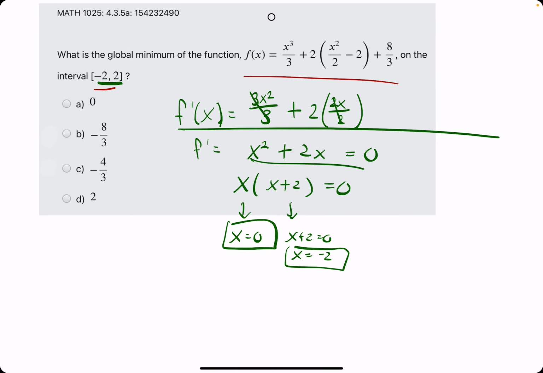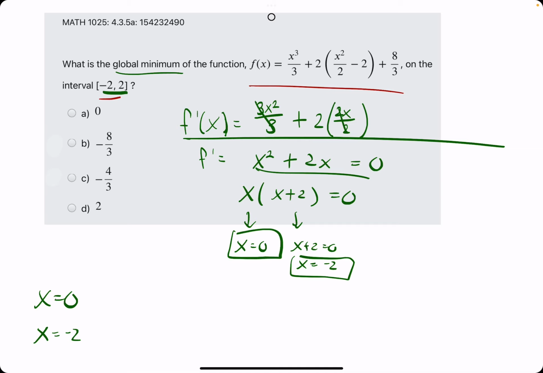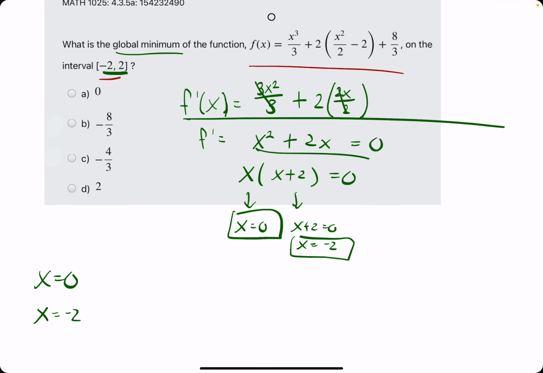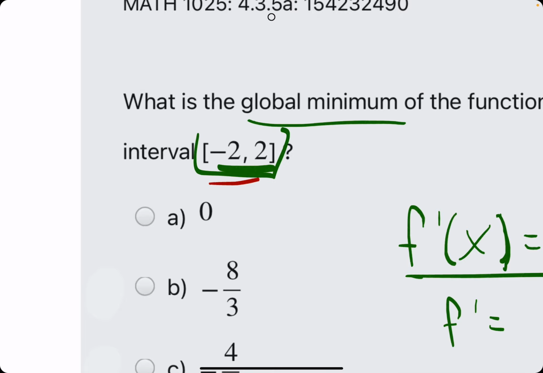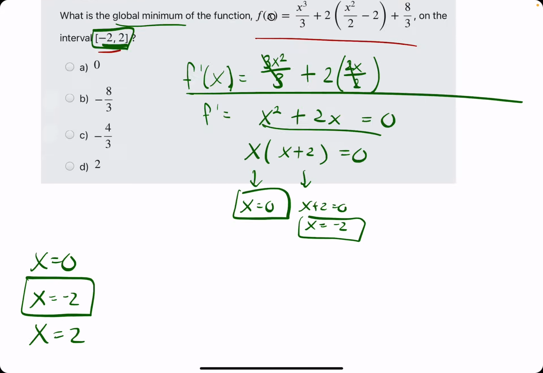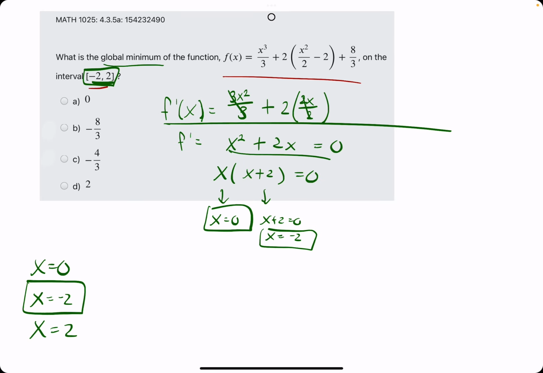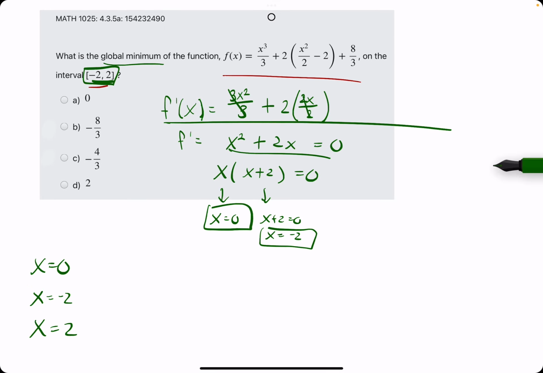So these are our critical points, or possible locations for maximums or minimums. We'll identify them as important possible locations for our global min, which is what we're looking for. The other possible locations for our global min, like we mentioned at the start, are at the endpoints, -2 and 2. As you see, there is an overlap, with -2 being one of our critical points as well as one of our endpoints, so we don't need to write it down twice.